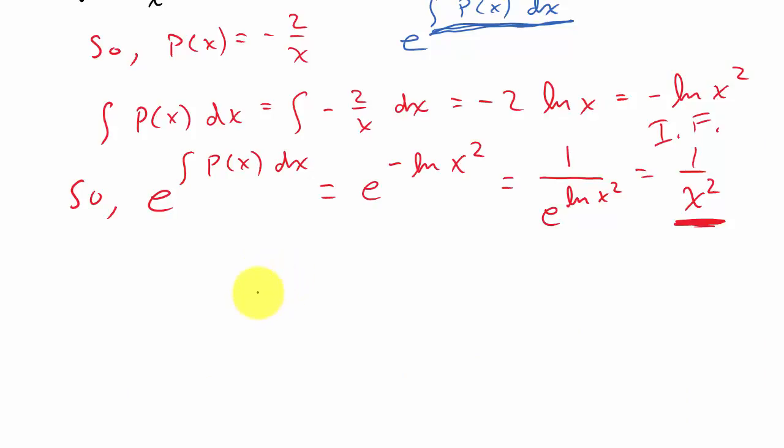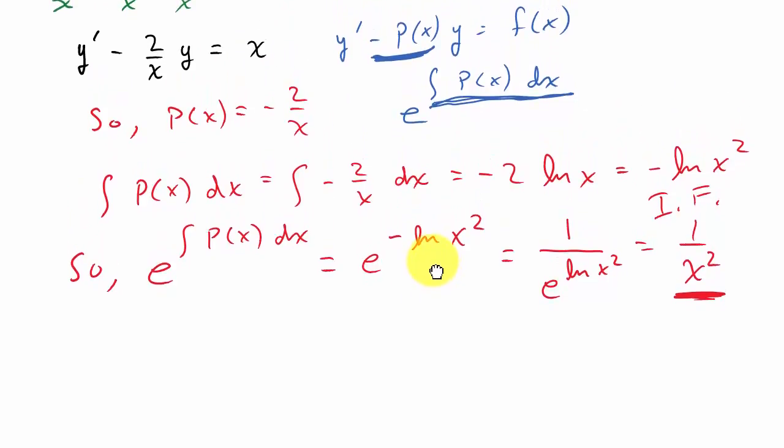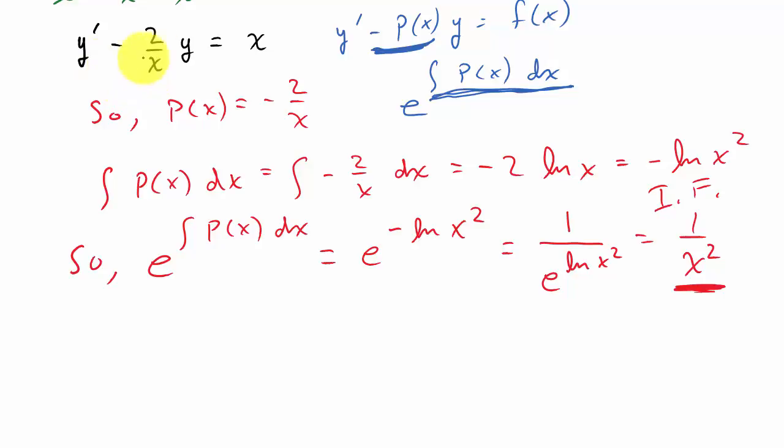The equation we got in step 1 is y prime minus 2 over x y equals x, and we're multiplying that by the integrating factor, which is 1 over x squared.